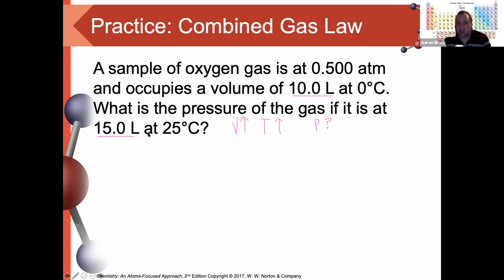The volume is much, much larger now than it was before. Temperature hasn't increased by the same amount because, again, we've got to think about things in terms of Kelvin. 0 degrees Celsius is 273 Kelvin. 25 degrees Celsius is 298 Kelvin. So we saw a 50% increase in volume. Looks like we're getting maybe a 10% increase in temperature.